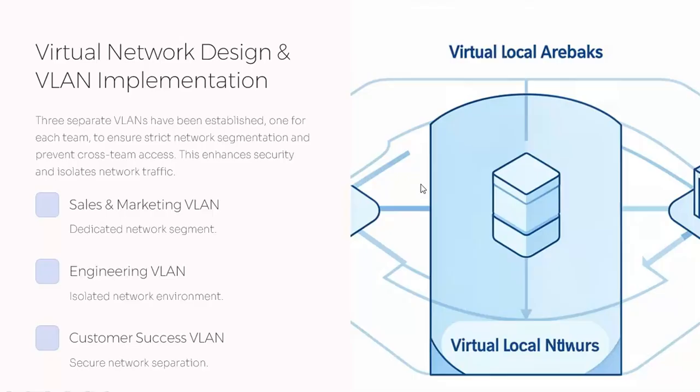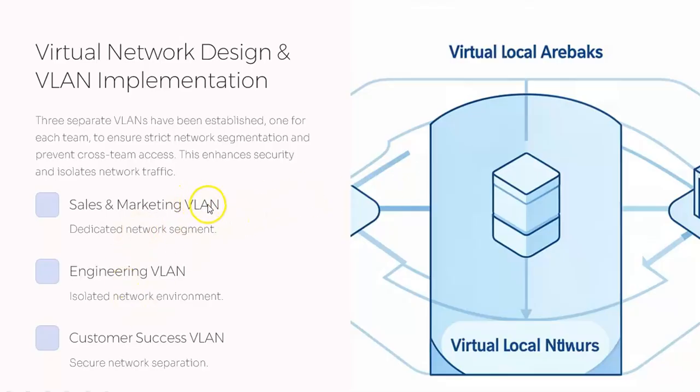We talk about the virtual network design and also the VLAN implementation. To further enhance this security, the network layer was segmented using three separate VLANs, one for each department.